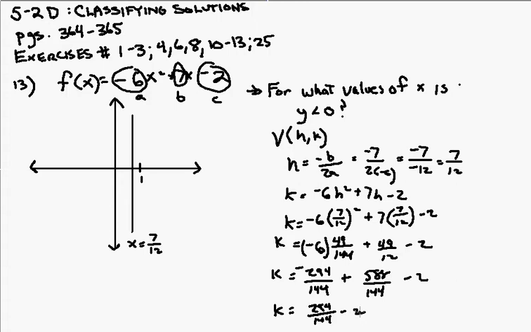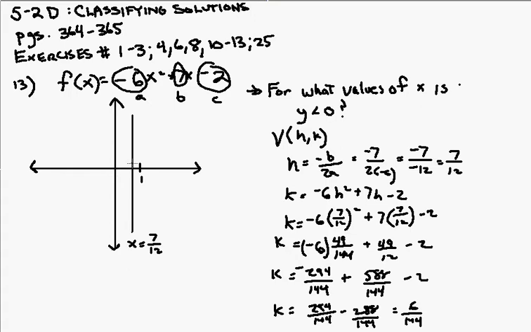So 2 turns into 288 over 144. So I have 294 minus 288, gives me 6. So we wind up with 6 over 144, which is not very much.